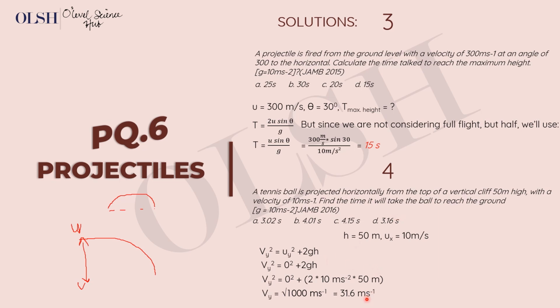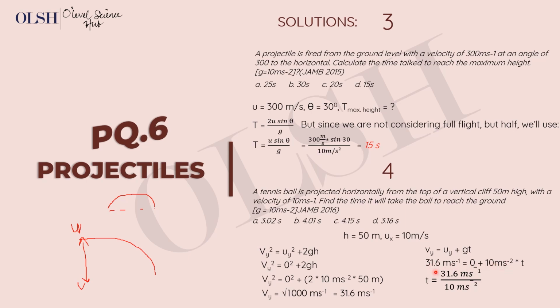Now use this final velocity to find the time it will take to move from this position to this position. So we apply the formula v equal to u plus gt. We're still dealing with the vertical components of the velocity. So our vy is 31.6, our uy is 0, and we have g. So 31.6 equal to 0 plus 10 meters per second squared times t. We make t the subject of the formula.